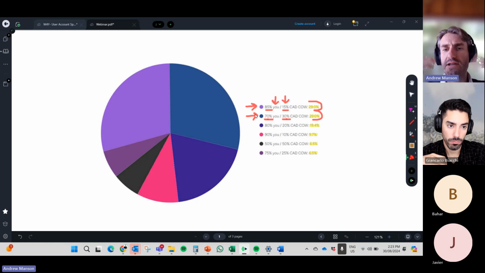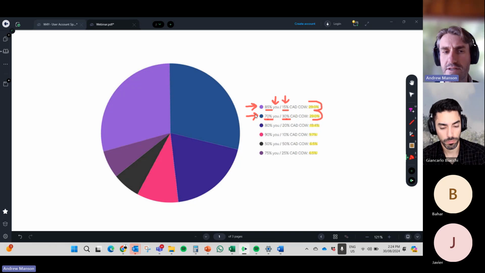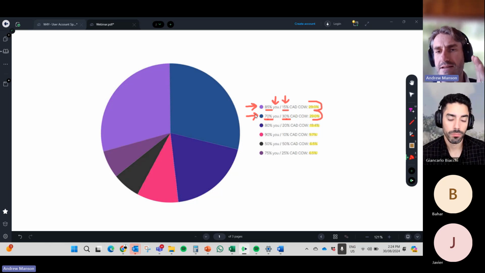As CADCOW grows and there's more users and there's more business, we could probably start to switch that share of the fee to something more like an 85-15% split. I think that's an important thing to note here, is that we need to start somewhere and probably end somewhere.